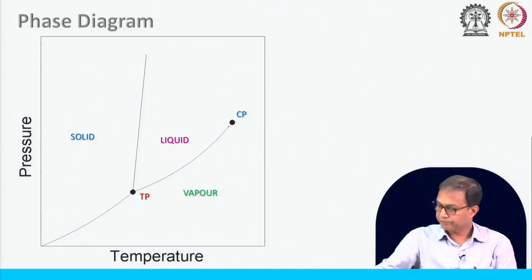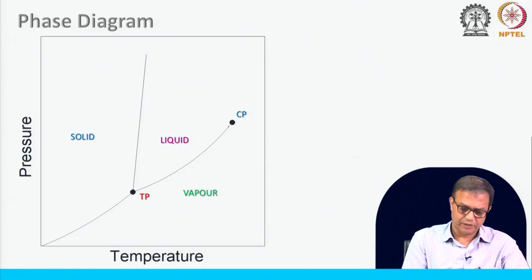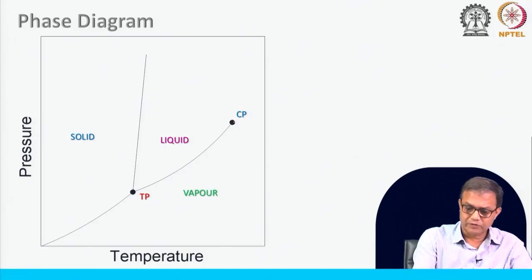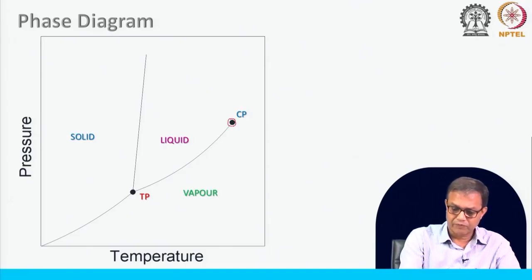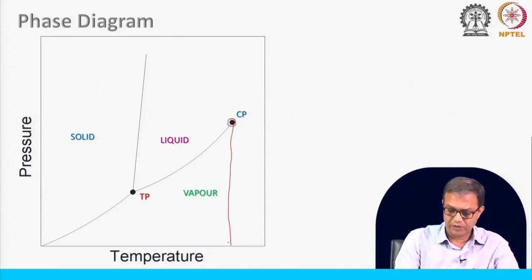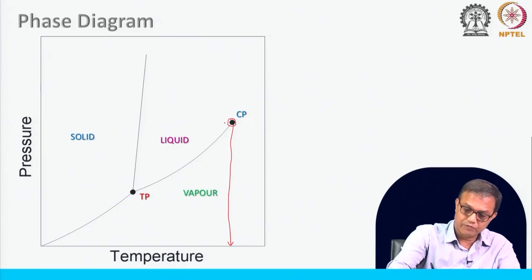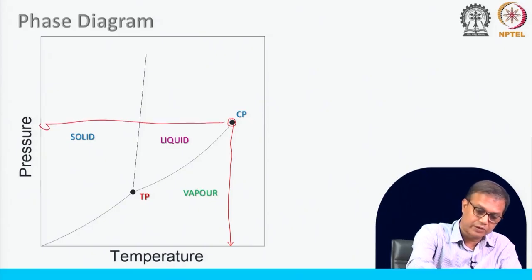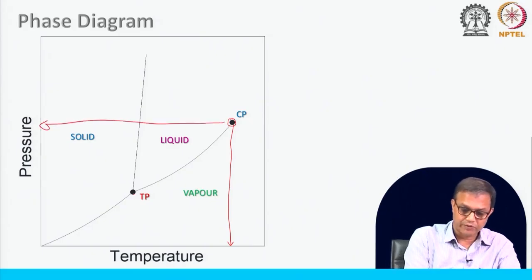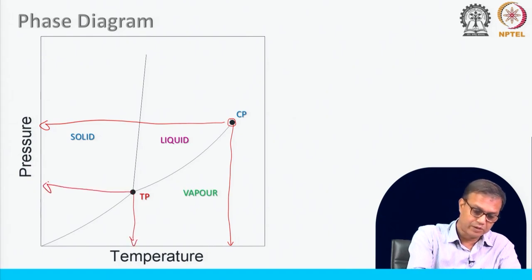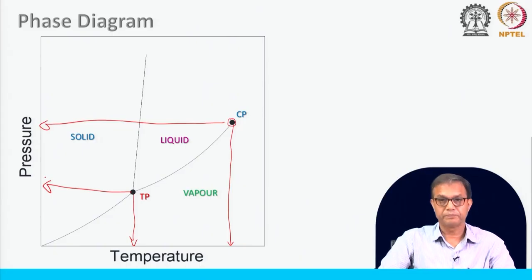This is the critical point, and from here if we vertically drop down, this is the critical point temperature, and if we move on this side, it is the critical point pressure. Similarly, we have the triple point temperature and the triple point pressure.